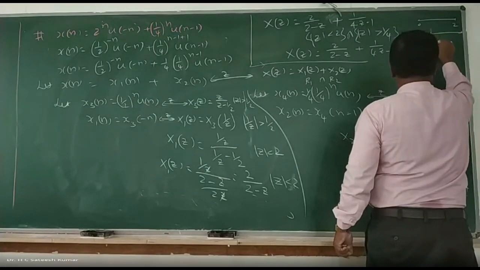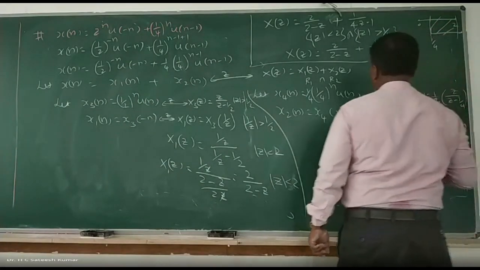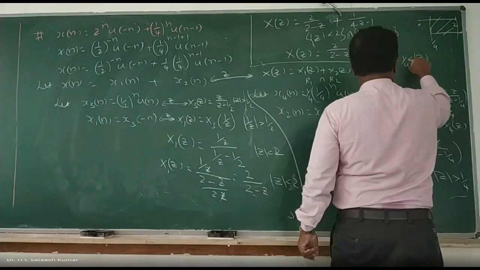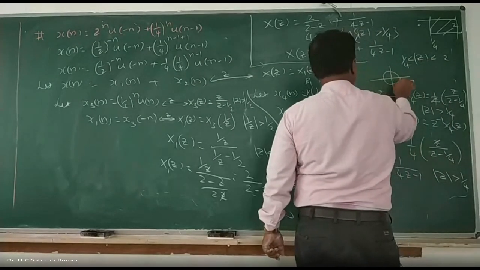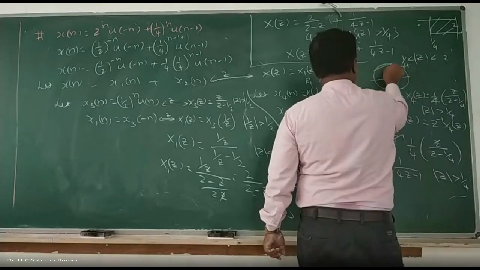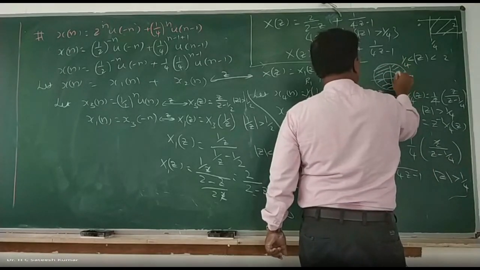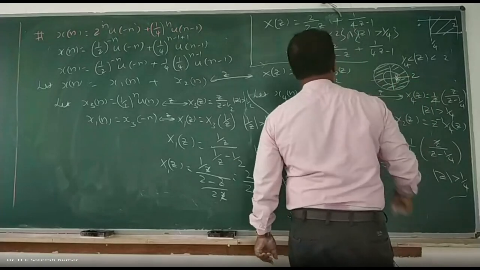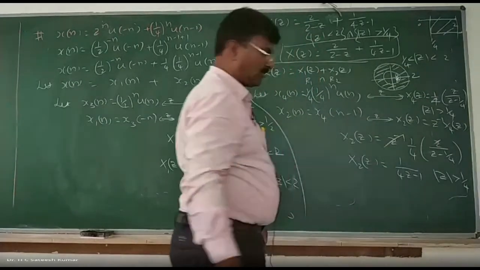So the common area is from 1 by 4 to 2. Therefore the ROC is mod z lies between 1 by 4 and 2, a ring in the z plane between 1 by 4 and 2. That's how we should do it. So this is your X of z.